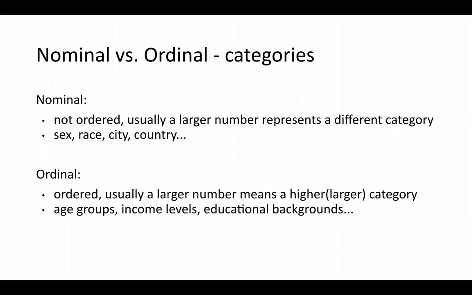Because if you go to graduate school, you already have the high school diploma, and most likely also a college degree, and then you have a graduate degree. So if you put different categories in order, and the order has a true meaning, then we call these ordinal measures.